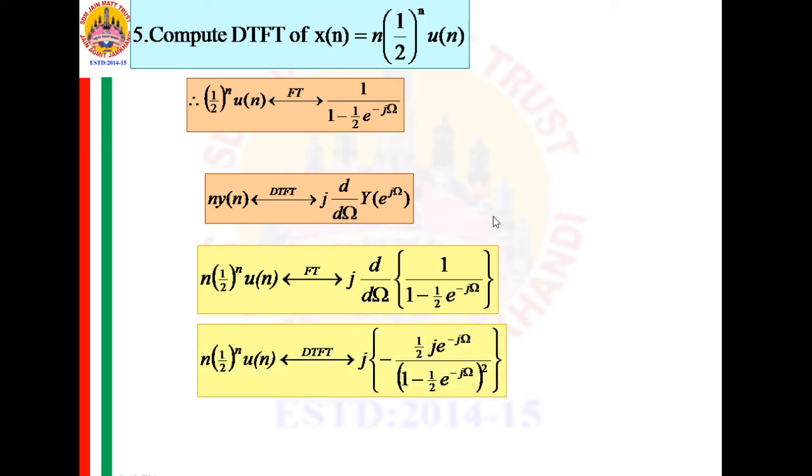So the differentiation of this term is minus 1 by 2 j e raised to minus j ohm upon 1 minus 1 by 2 e raised to minus j ohm whole square. Okay. This is the DTFT of n times 1 by 2 raised to n u[n]. Got this?